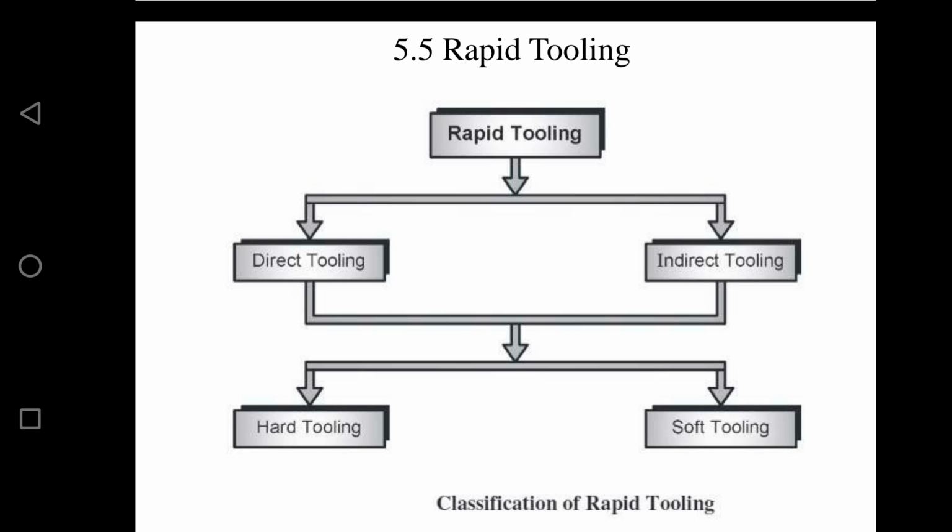But if I manufacture the master patterns to make the tools from the CAD data using the rapid prototyping technique, then that is called indirect tooling. Indirect in the sense that I produce the master pattern, and from that master pattern I manufacture my tool.